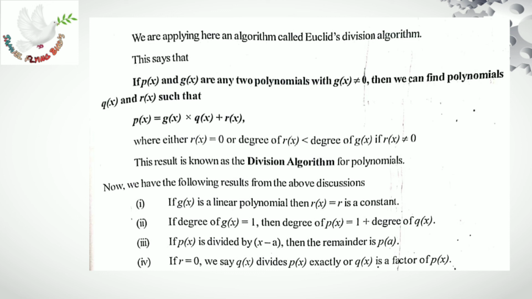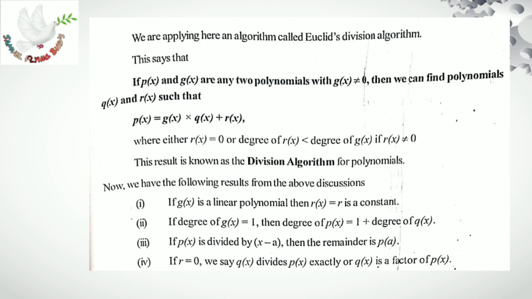Now we have the following results from the above discussion. In the above division of a polynomial, we have observed some terms. The first one: if g of x is a linear polynomial, then the remainder is r of x equals r, a constant term.